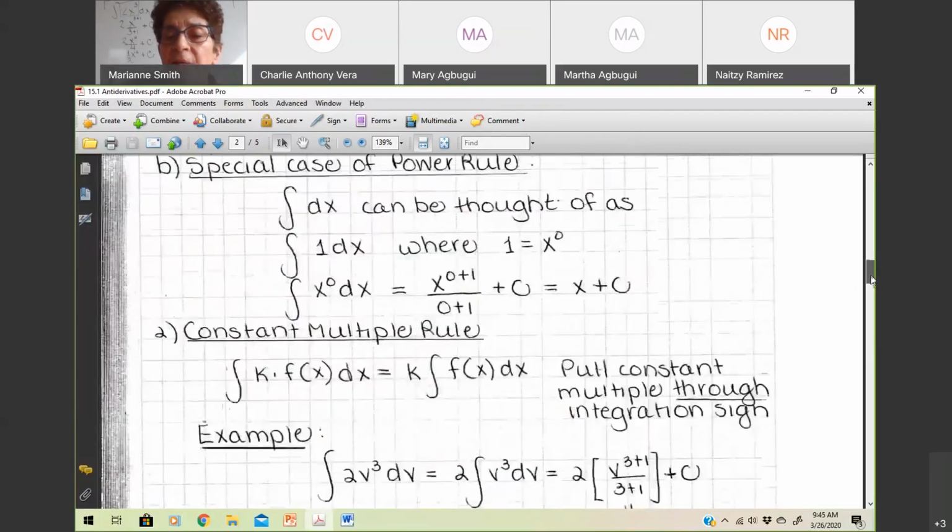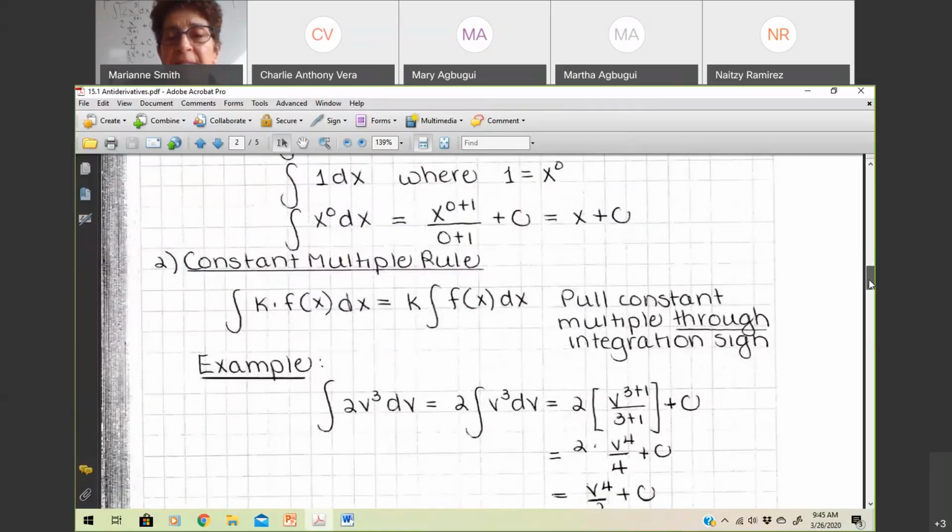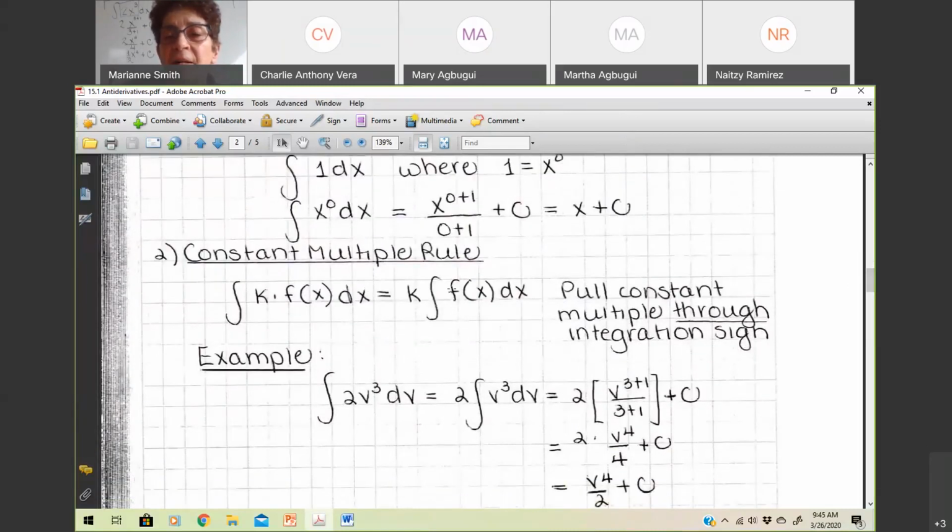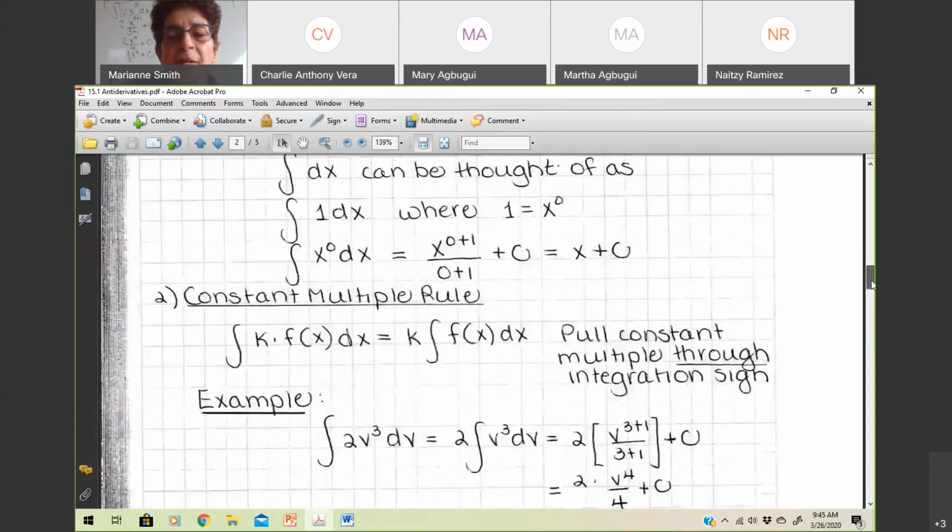Now, here's an interesting bunch of examples, okay? This is a constant multiple rule, and again, what it's saying is pull your constants through the integration sign. You might notice when I did it on the board, I just put my hand over the constant. What you can actually do is pull it right through the integral sign and just focus on the variable part, okay?